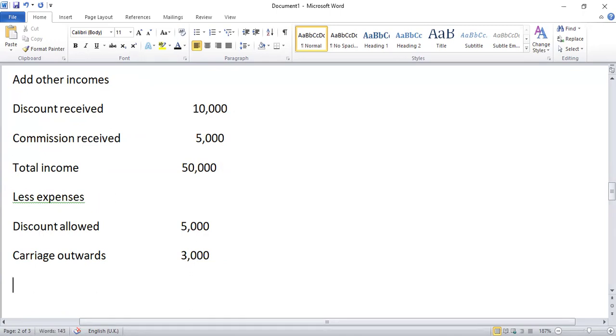I forgot about carriage inward. Now, carriage inward will normally affect the purchase. If there's any carriage inward, it normally affects the purchase. You are going to add it back as a transport expense. Now, we also have rent. So let's believe these are our three expenses. We have 5 plus 3, 8 plus 2, 10. I need to show them in brackets to show that you are subtracting.